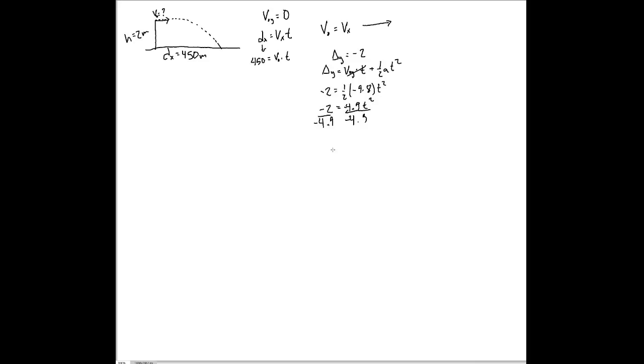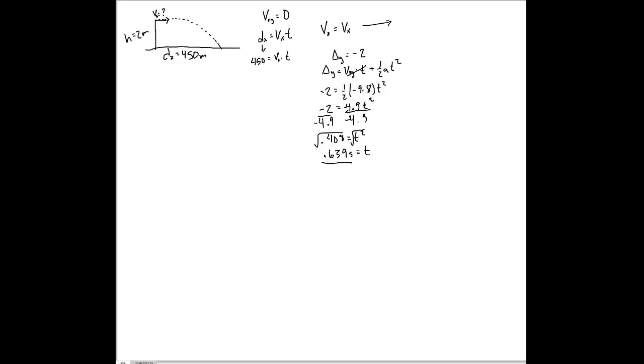And so that comes out to be 0.408 equals t squared. Now, we have to take the square root of both sides. If you square root that, you get a time of 0.639 seconds.